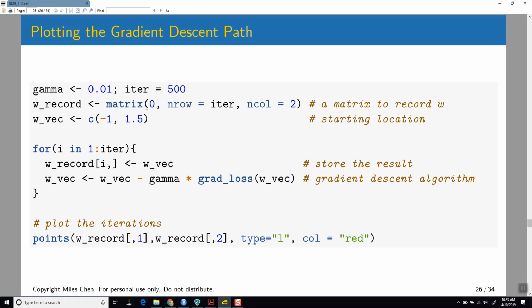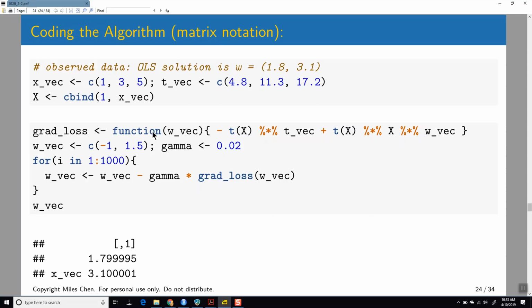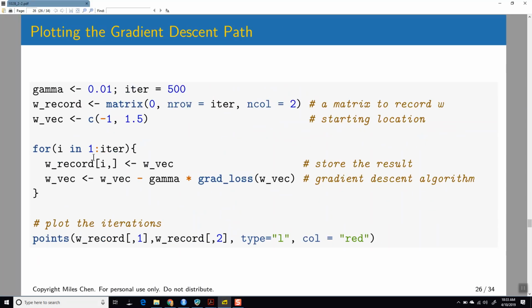And now I create a matrix to kind of just record all of our locations. And I start off just at some arbitrary location, -1 and 1.5, okay? Which I think is where I started off over here. And then we're just going to say, all right, for the first iteration, store that into the matrix, wrecord, and then run the gradient descent algorithm.